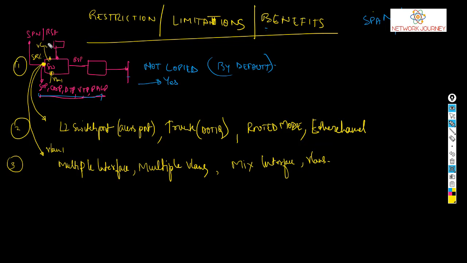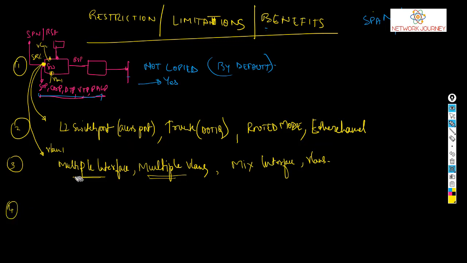So you can enable this monitor session focusing on VLAN 1 from multiple interfaces. So you can have multiple interfaces. You can also, if it was a trunk, have multiple VLANs, but you cannot mix multiple interfaces and VLANs. It has to be one or the other. If it is multiple interfaces, go with multiple interfaces. If it's multiple VLANs, then go with multiple VLANs. You cannot mix interfaces plus VLANs. There should be a difference.